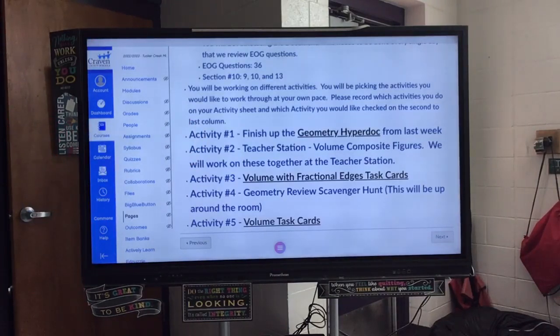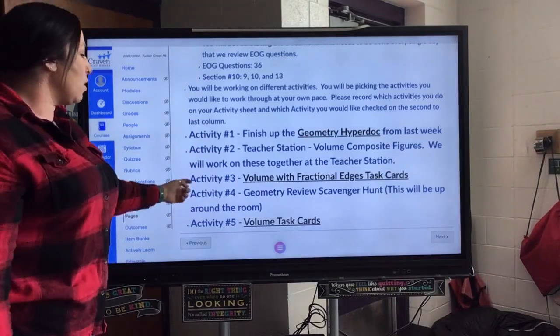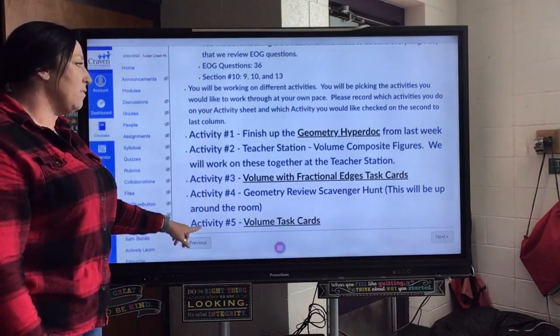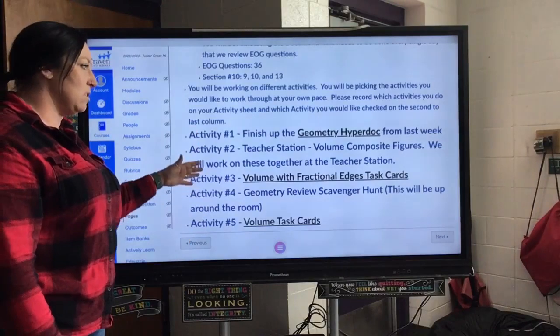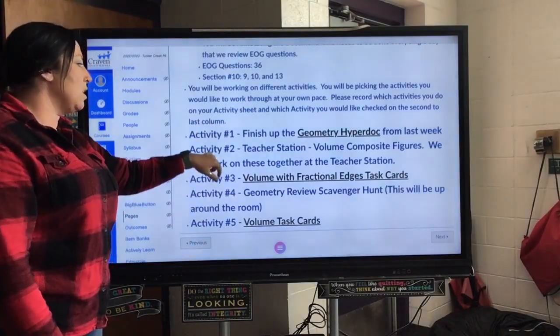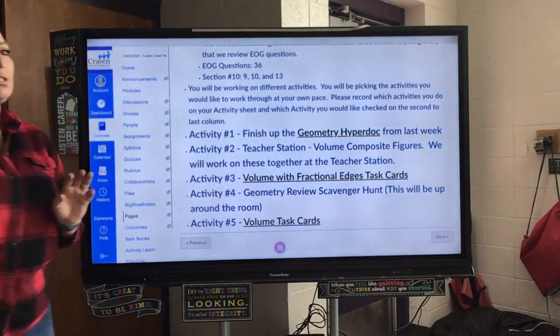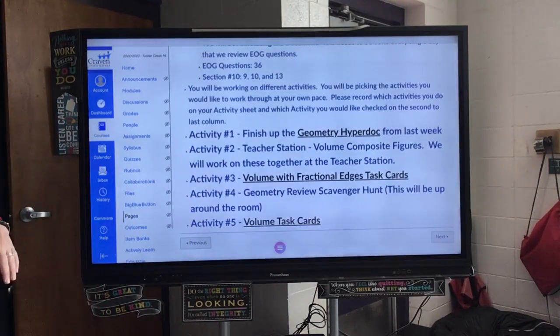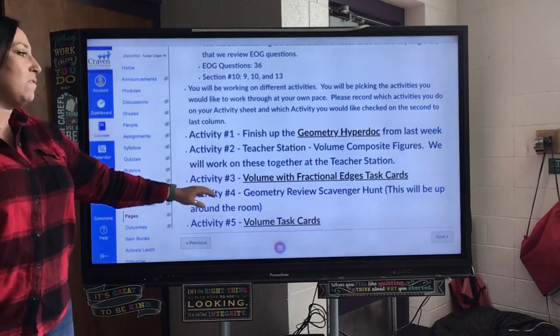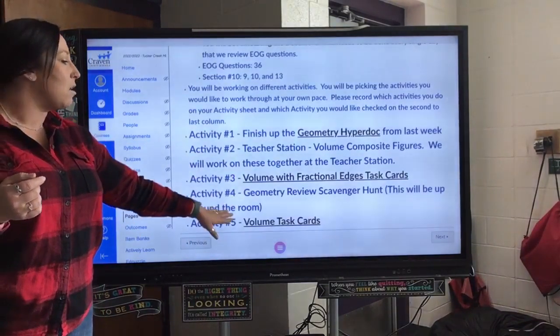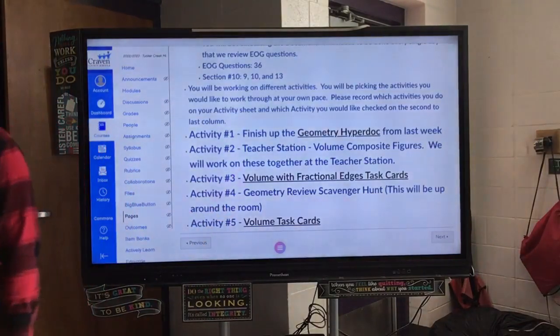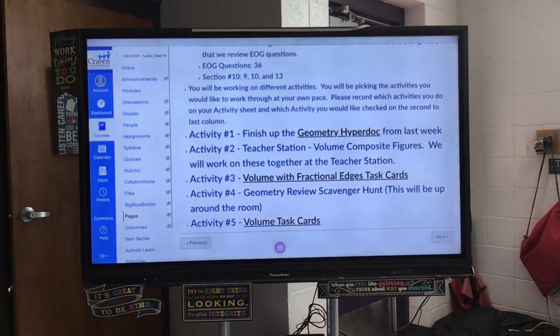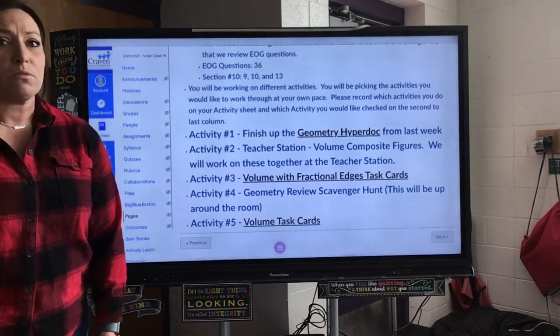Done or not done is not a big deal. So you have 3 activities, well technically 4 activities to do. The activity number 2 is the teacher station, so I'll be pulling a couple of you guys to work on those. Activity 3 is the task cards. Activity 4 is the scavenger hunt, which is the pink paper that I put up around the room. And then activity 5 is just volume task cards.